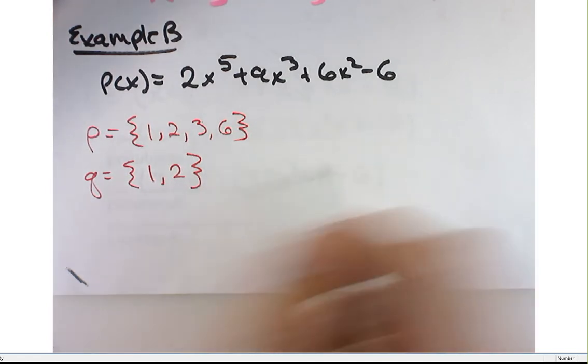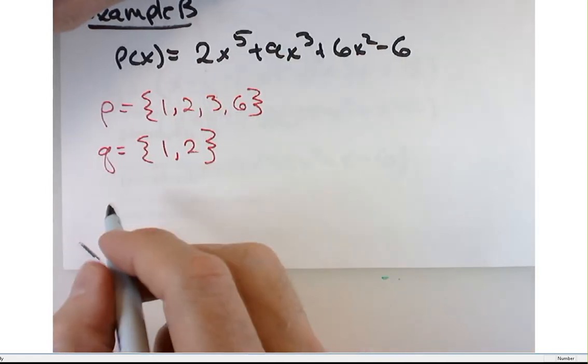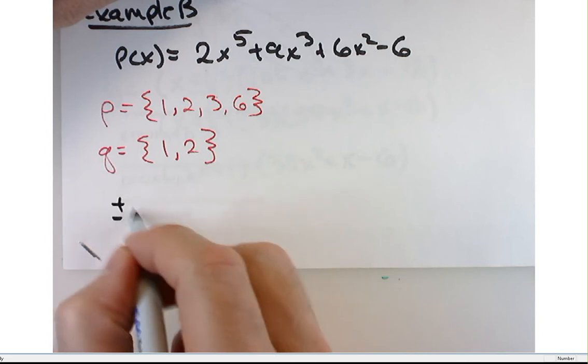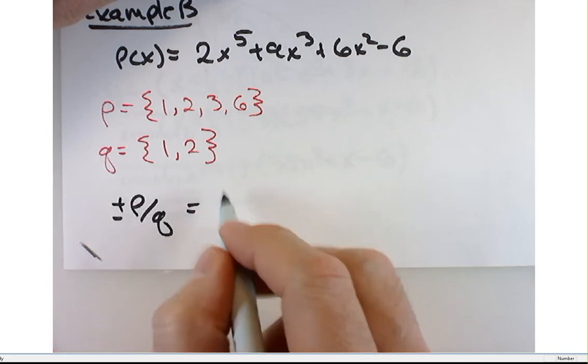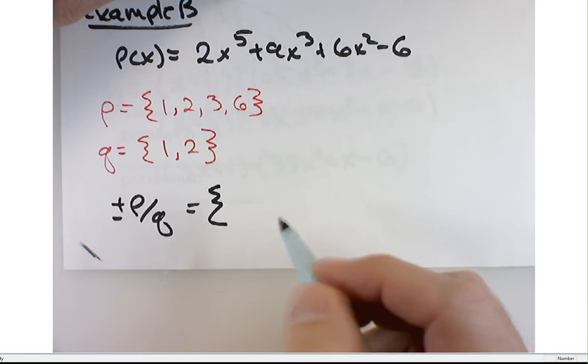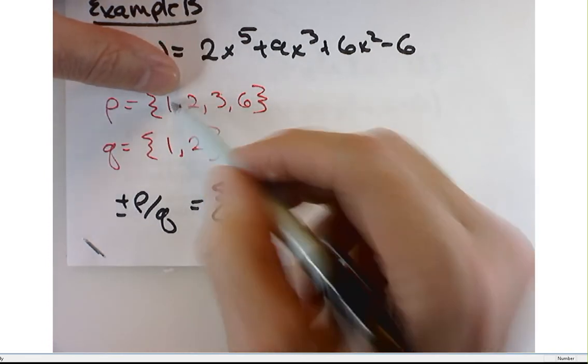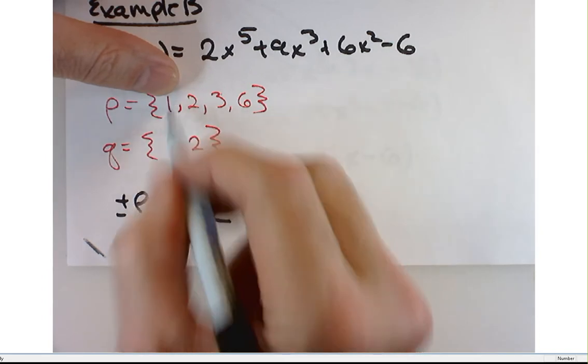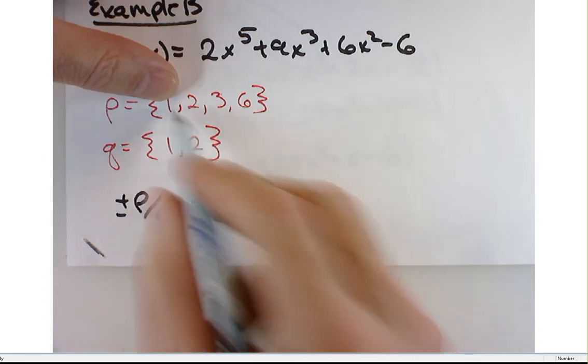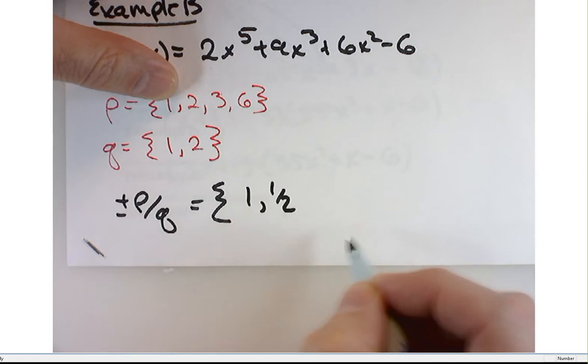In any case, let's look at the possible combinations of plus or minus P over Q. So, again, be methodical in working with this. Start out with the 1. 1 over 1 is 1. And then you get 1 over 2.